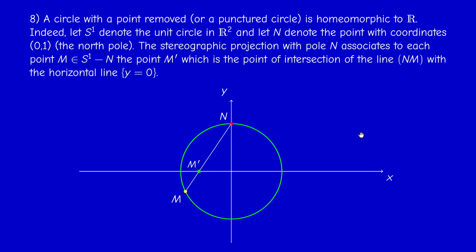What this stereographic projection is doing, it's projecting the circle without its north pole onto the whole line. So imagine that you are opening the circle, because we removed a point. It's a projection actually. So we are bending or flattening the circle without the point to get the whole line.